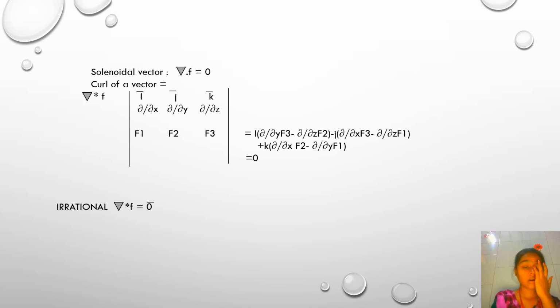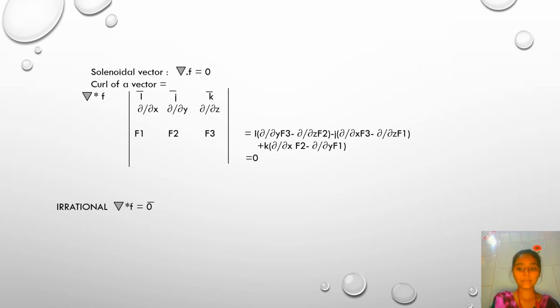When coming to j bar, the sign of j bar is negative. So minus j bar into dou by dou x of f3 minus dou by dou z of f1. When coming to k bar, it will be the positive sign.